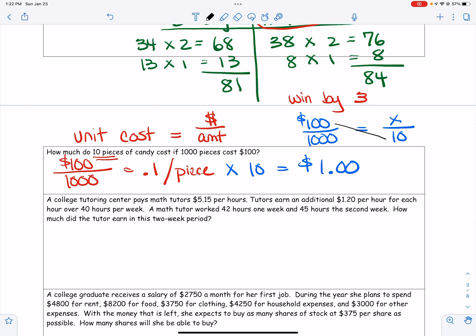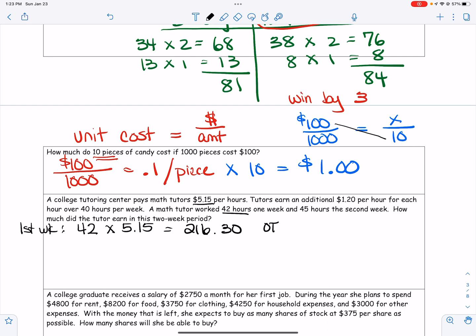In this next one, we're going to do tutoring. When we do the tutoring, you're getting paid a rate of your base rate, and then you're getting paid overtime. So I think the easiest way to do this is to take anything over 40 hours is what we're going to get paid overtime. So I divide it up into the first week. They work 42 hours. So I take 42 times my base pay of $5.15, and that gives me $216.30.